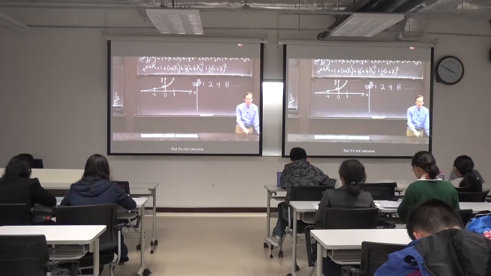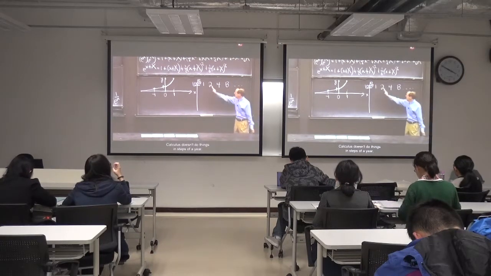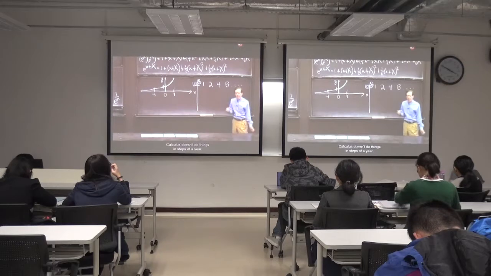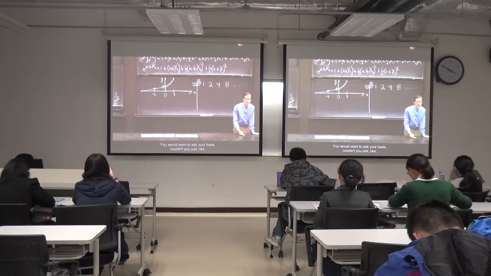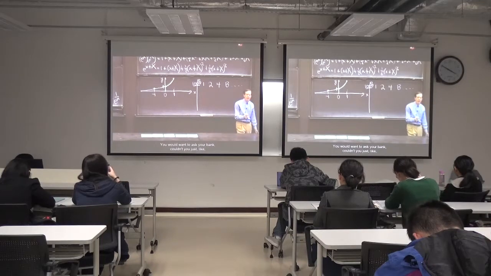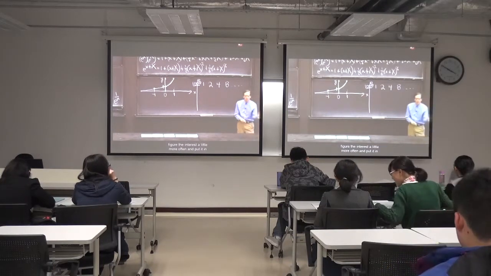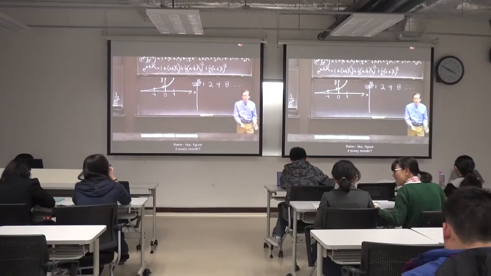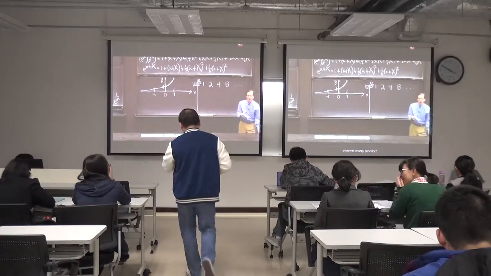But it's not calculus. Calculus doesn't do things in steps of a year. Calculus says, cut that step down. I mean, you would want to ask your bank, couldn't you just figure the interest a little more often? And put it in there, like figure it every month? So what would happen if you figured the interest every month?